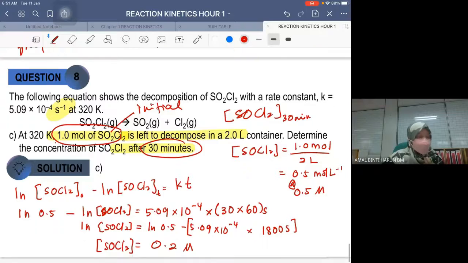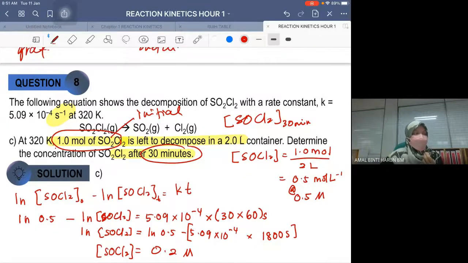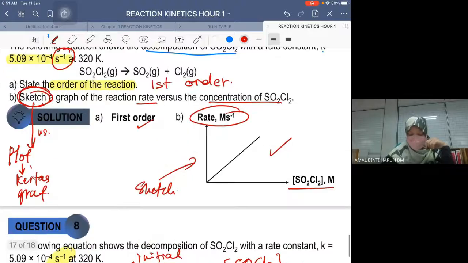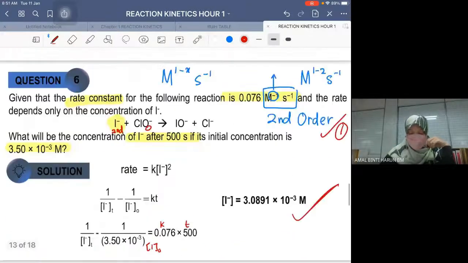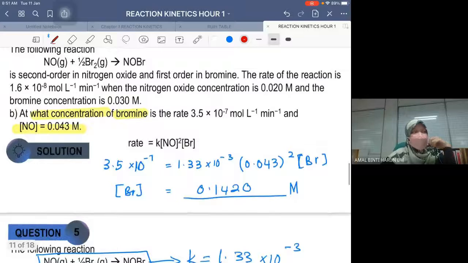Sampai nombor 8. Alright, ada soalan? Okay, so hari ni apa yang kita boleh conclude adalah kita tahu macam mana nak guna integrated formula. Sebelum memilih formula mana nak pakai tu, kita mesti tahu order dia. So, kena tahu order, ada 4 cara untuk tentukan order.